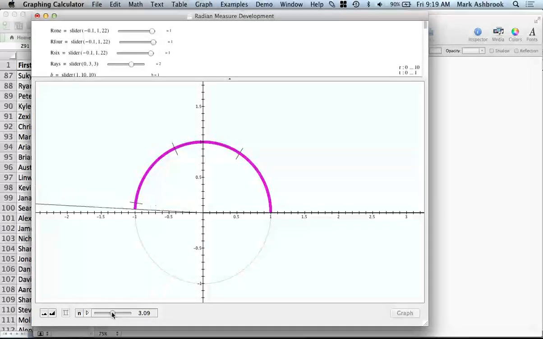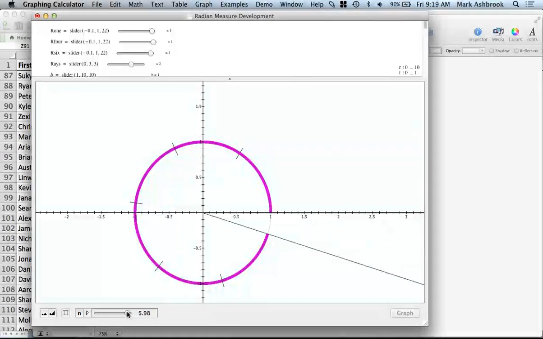There's 3. There's 4. So all I'm doing is laying that many radiuses on the circle, and the corresponding openness is that many radians. It's the same value. The number of radius lengths cut off and the openness of the angle is the same numerical value.